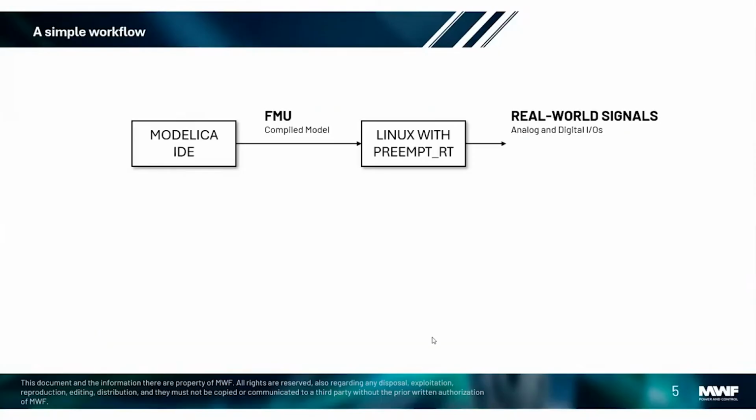So our workflow is very simple. Once we have a specific Modelica development environment like Wolfram System Modeler, we generate a compiled version of the model called FMU under the FMI standard, and we run this model in real time under Linux with a PreemptRT package.